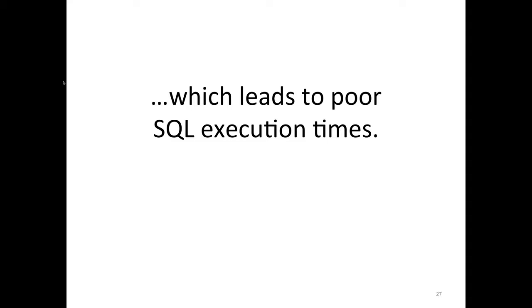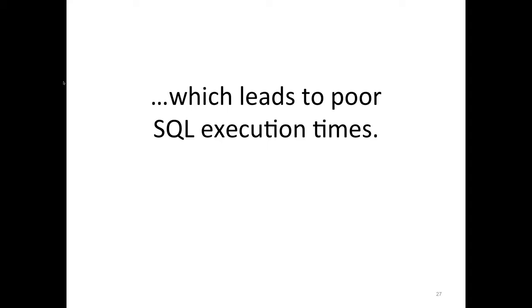When we get plans that are inaccurate, if it's due to statistics, the bottom line can simply be that we get bad SQL execution times, not due to the fault of how the SQL was formulated, but simply because the information the optimizer has is inaccurate, and it leads it to make poor choices.